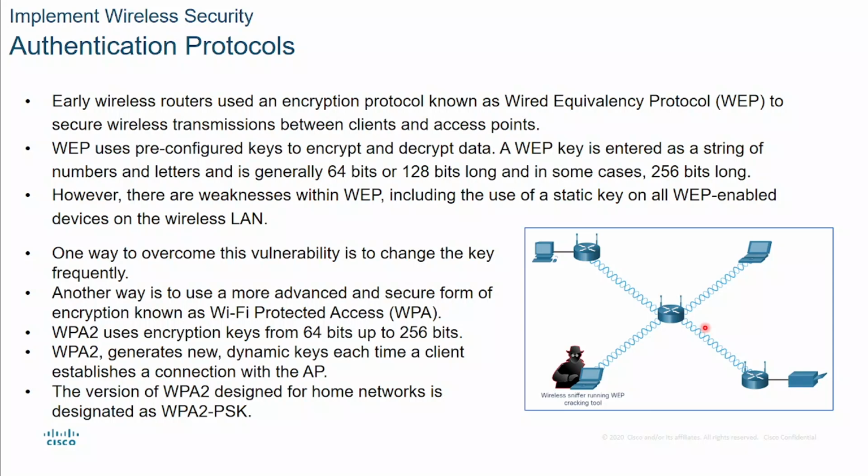WPA was the first, then WPA2 was also introduced. WPA2 used from 64 bits to 256 bits. It always generates dynamic keys each time a client establishes a connection with the access point. The version of WPA2 designed for home networks is designated as WPA2 PSK.